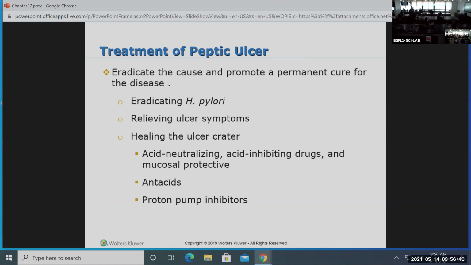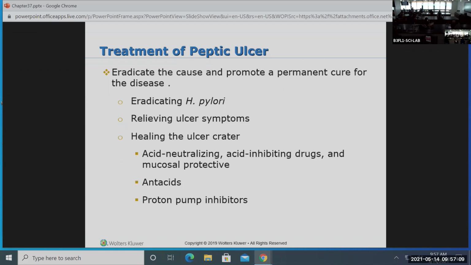Treatment: eradicate the cause and promote a permanent cure for the disease. Now, eradicating H. pylori or relieving the ulcer symptoms, healing the ulcer crater by using acid neutralizing or acid inhibiting drugs and mucosal protectives.